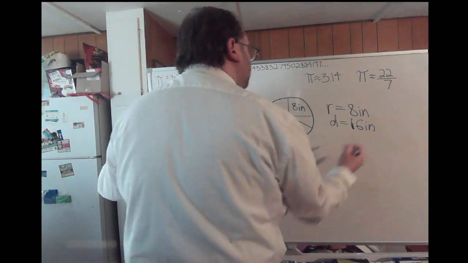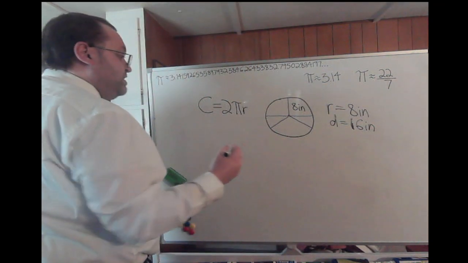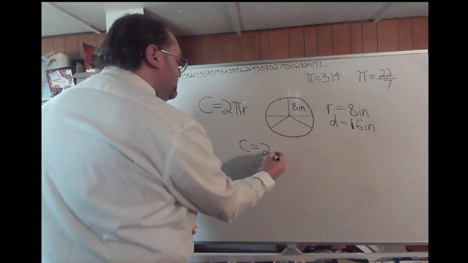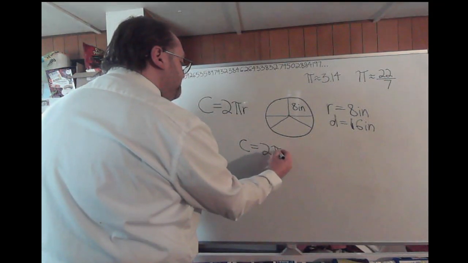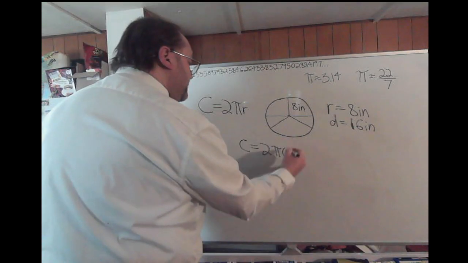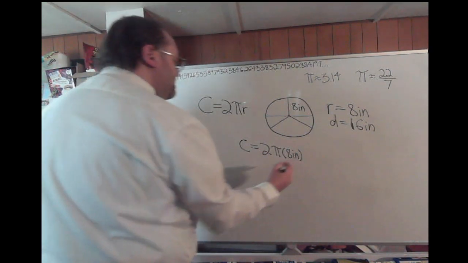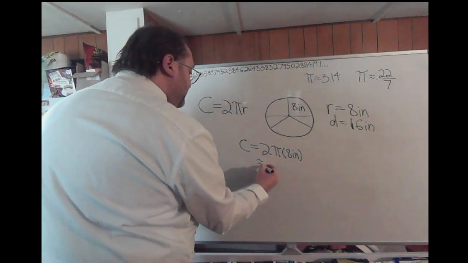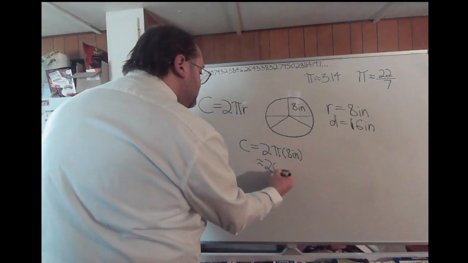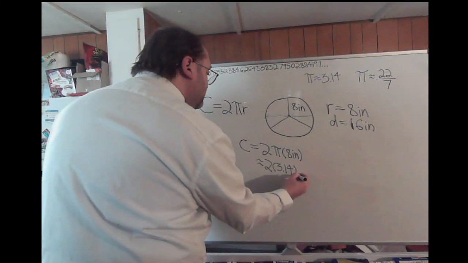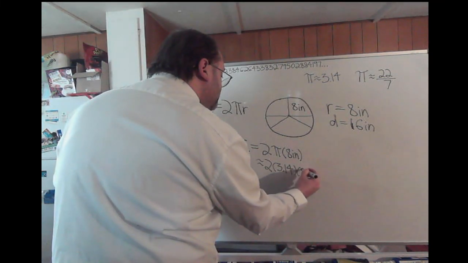So you have a diameter of 16 inches. To find the circumference of said circle, you would take 2 times pi times the radius of 8 inches, which would be approximately equal to 2 times 3.14 times that 8 inches.